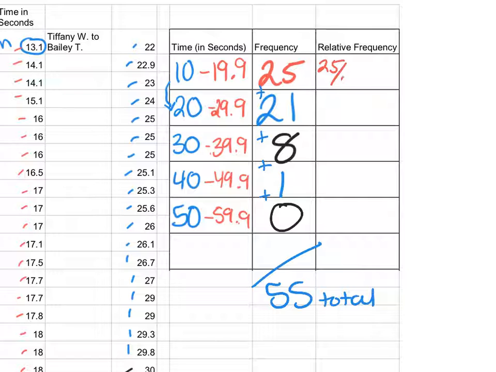To do our relative frequency, you just take each frequency divided by the total. So 25 divided by 55. And then 21 divided by 55. 8 divided by 55. And 1 divided by 55. And 0 divided by 55. And again, you can write the relative frequencies as a decimal or a percent.